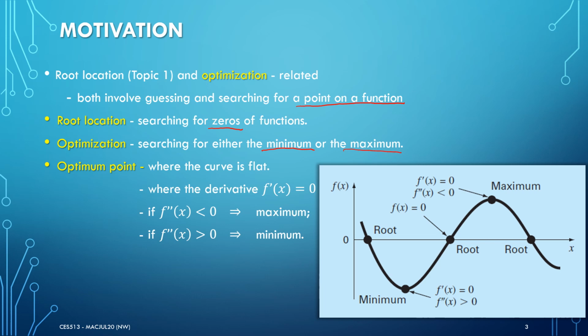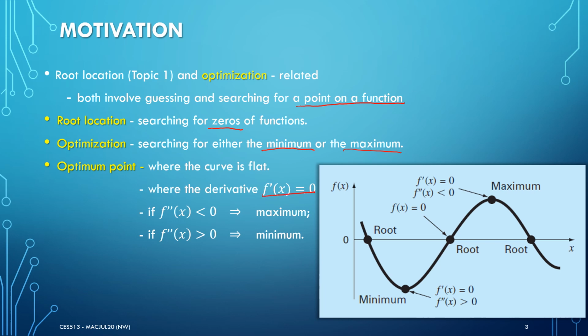So the optimum point is where the curve is flat. In mathematical terms, this corresponds to the x value where the derivative of the function is equal to 0.